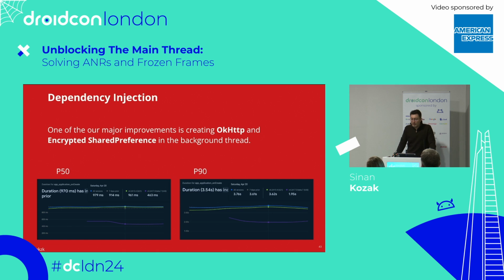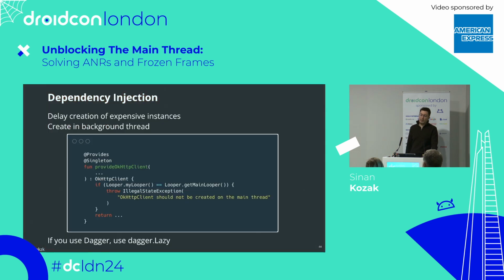And the same topic with OkHttp, they also need to access the cipher or initiate lots of operations on the main thread. We can avoid them, and we can also check them while doing the injections. We can ask the looper which thread and which looper we have at the moment, and there is also a main looper which we always have access to, and we can compare them to see if we are in the main thread.